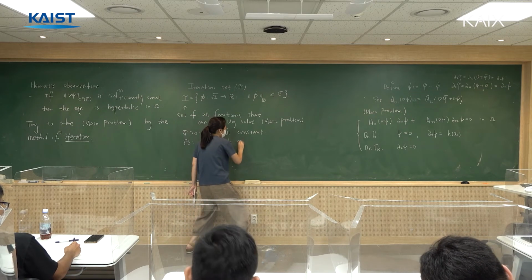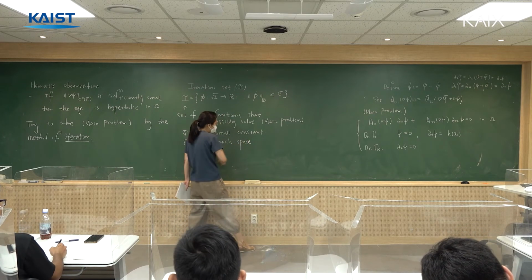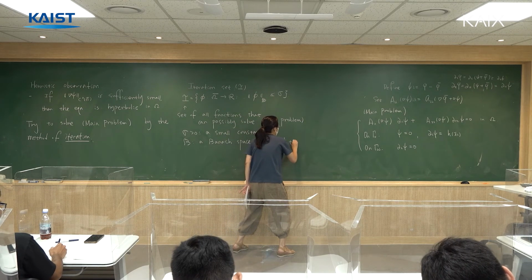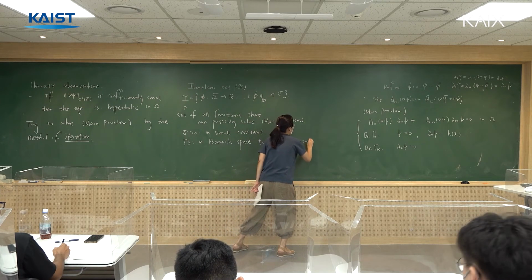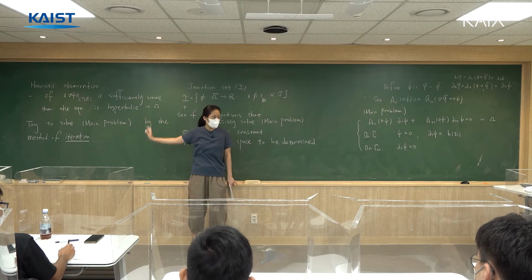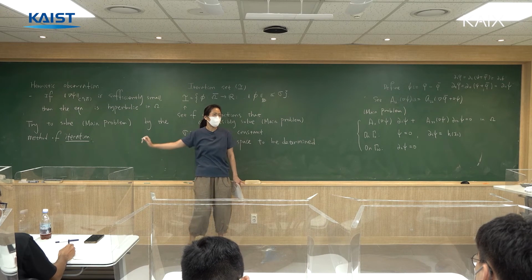But I don't know what space to pick, so this is a Banach space to be determined. And how do I determine that? I can determine this by making a lot of heuristic observations. That's what I'm trying to do here, okay?